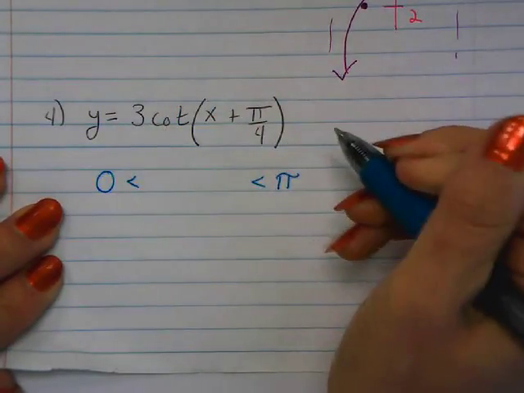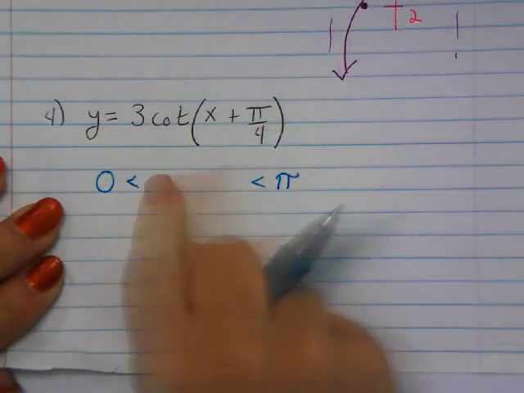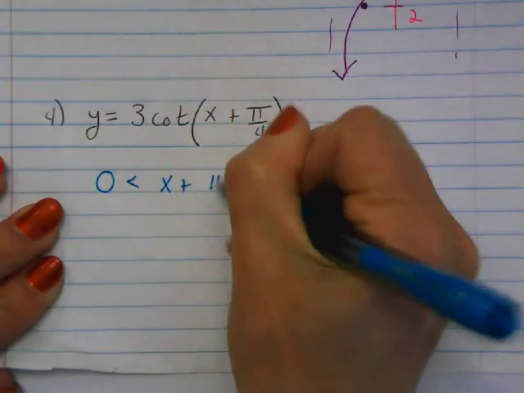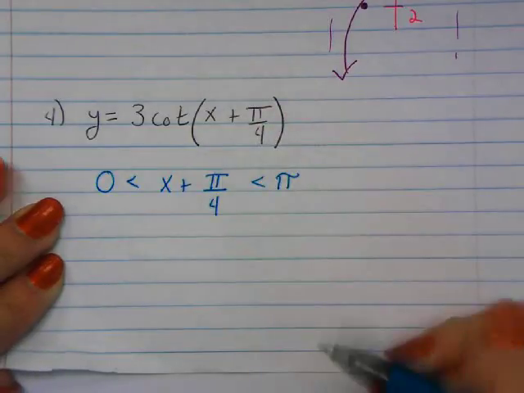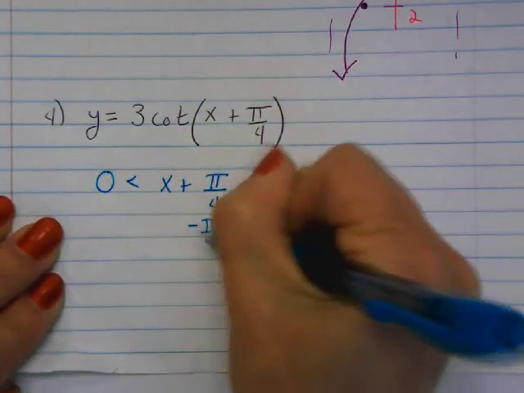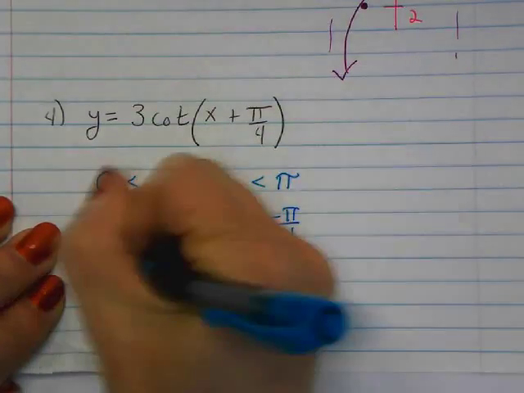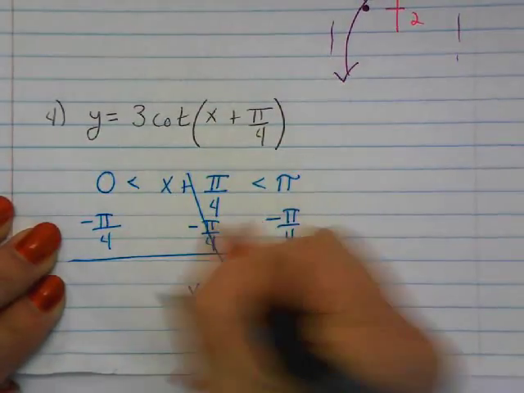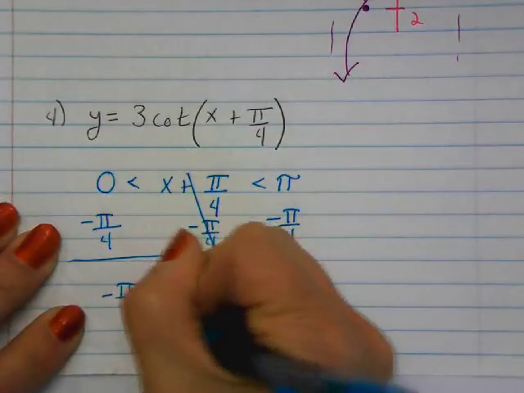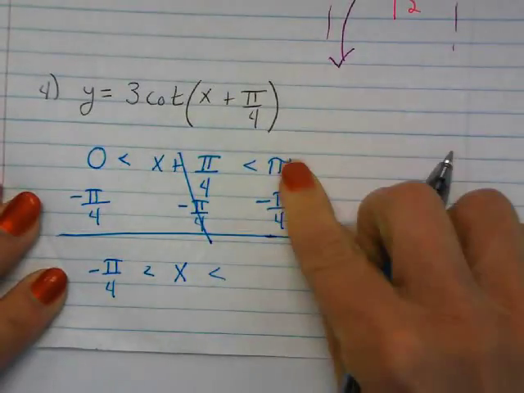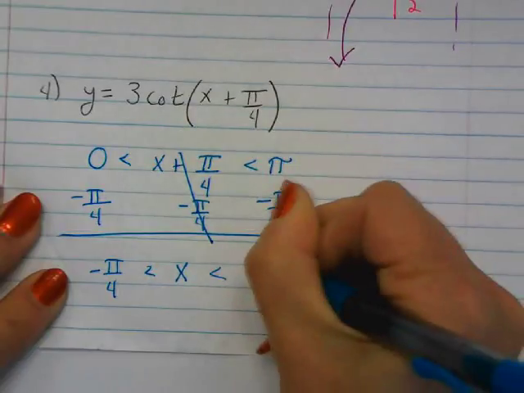So again, I take whatever's here and it goes in the middle, and now I'm going to solve for x. So I need to subtract a pi over 4 from everybody. So I have x in the middle, a negative pi over 4, and 1 whole minus a fourth is 3/4.